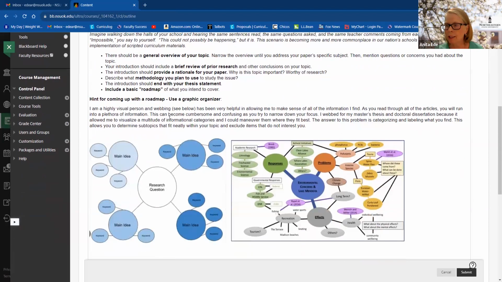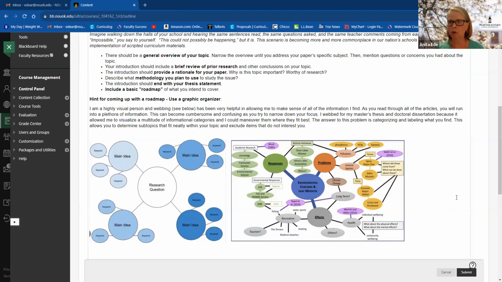So coming up with a roadmap is really an organizational tool for your whole paper. Now that you're knee deep in doing your literature review research, I'm a big graphic organizer person because I am really highly visual. So when I did all of my research for my master's thesis and for my doctoral dissertation, I mapped.